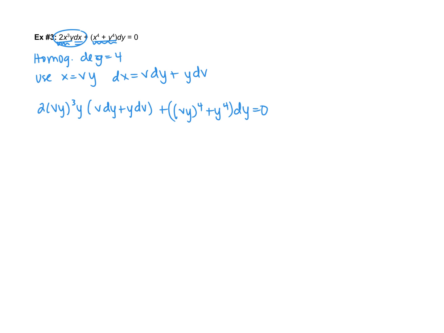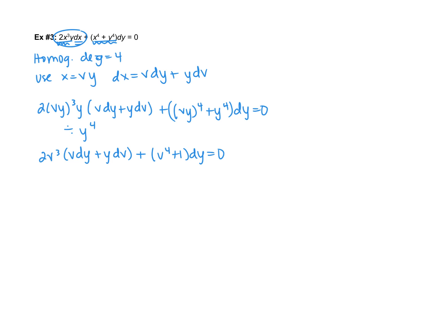Okay, so we know because we're of degree 4 that we're going to have to divide by y⁴. So when we do that, we're going to have 2v³(v dy + y dv) + (v⁴ + 1) dy = 0.